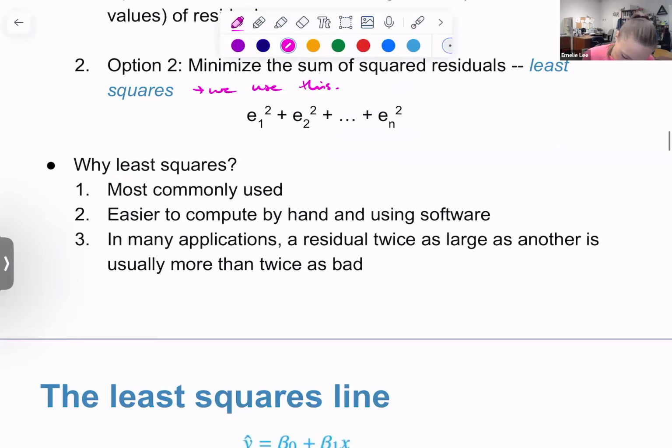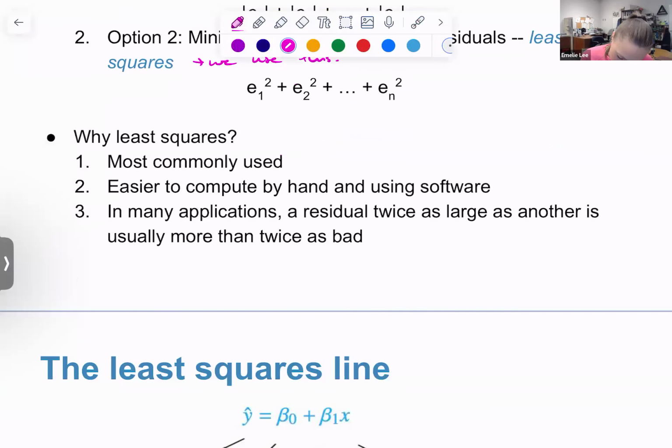And so here, if I have, for example, a residual of 1, so e_i squared, you can ignore each of those subscripts, the i's or the 1, 2, 3. It's just that each data point has one subscript. And so if I have a residual of 1 versus a residual of 2, this is twice as large as the first one.